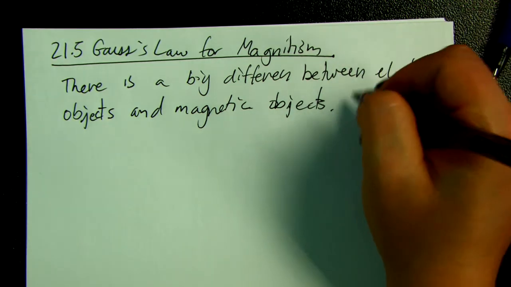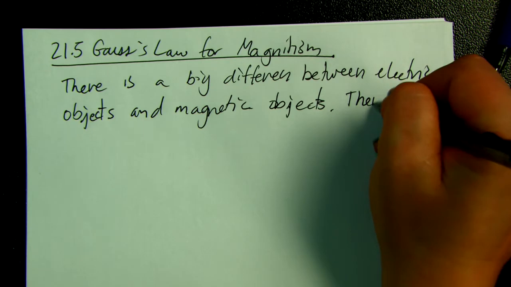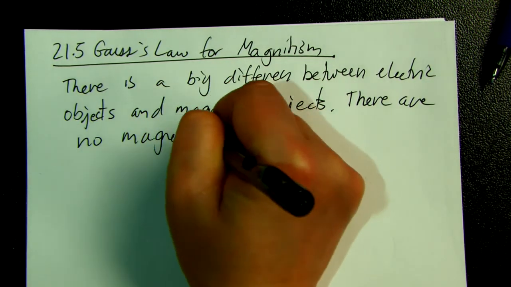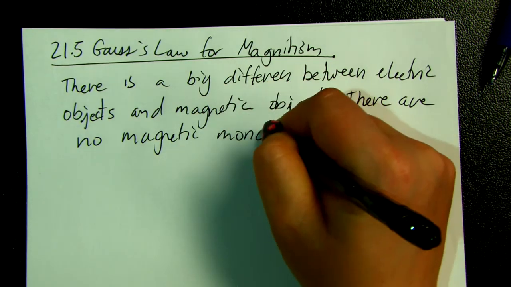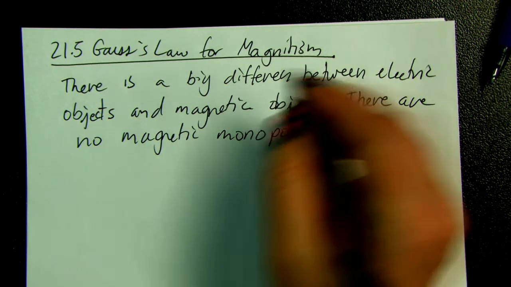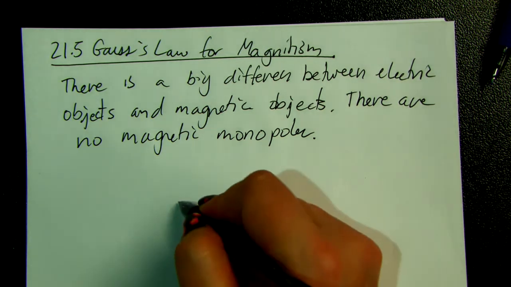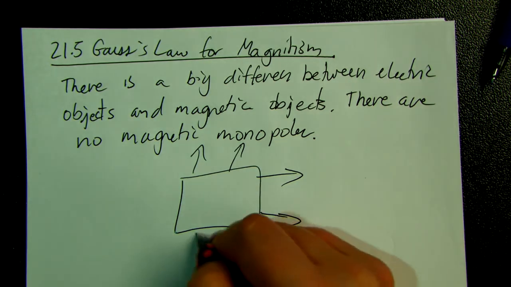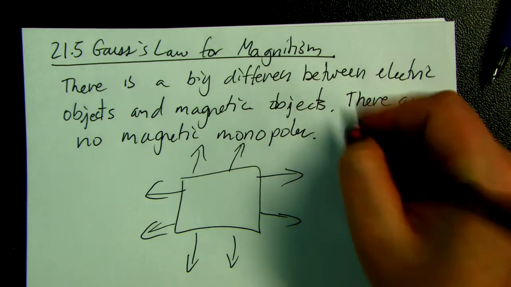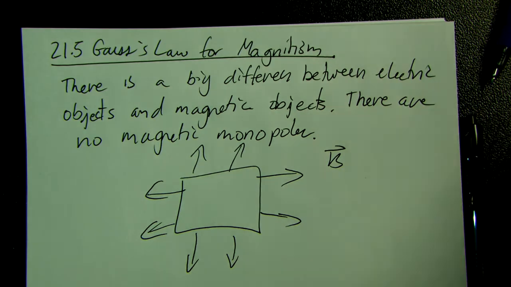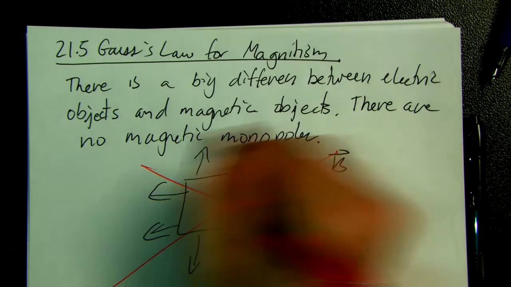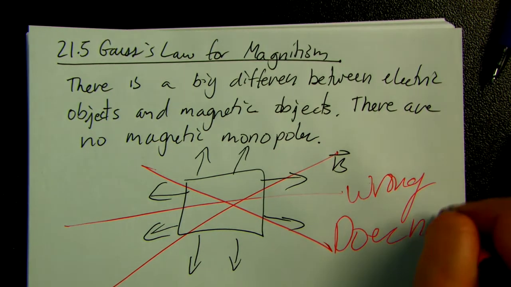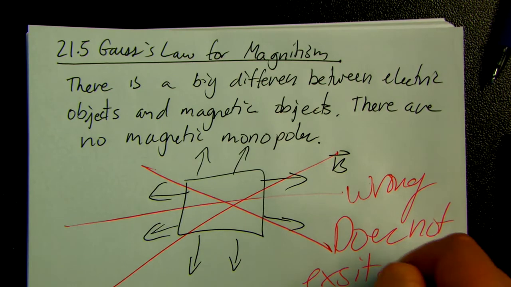This stems from the simple fact that there are no magnetic monopoles. No, no, no. You would never have a magnetic field that looks like this. Wrong. Does not exist.